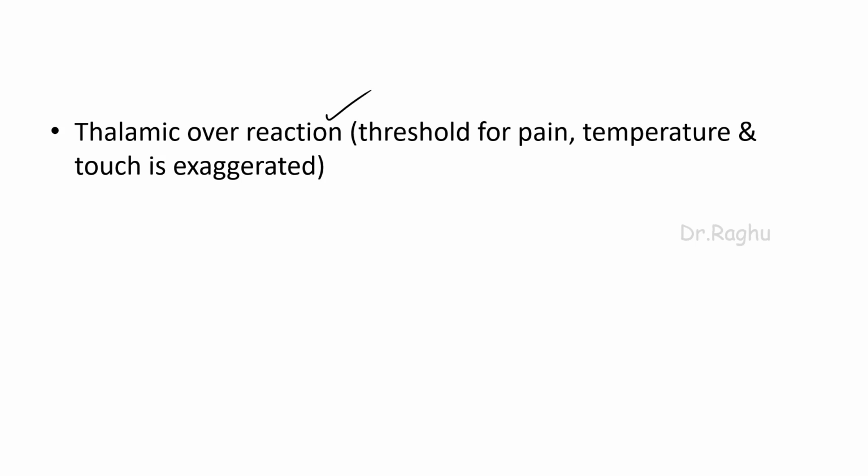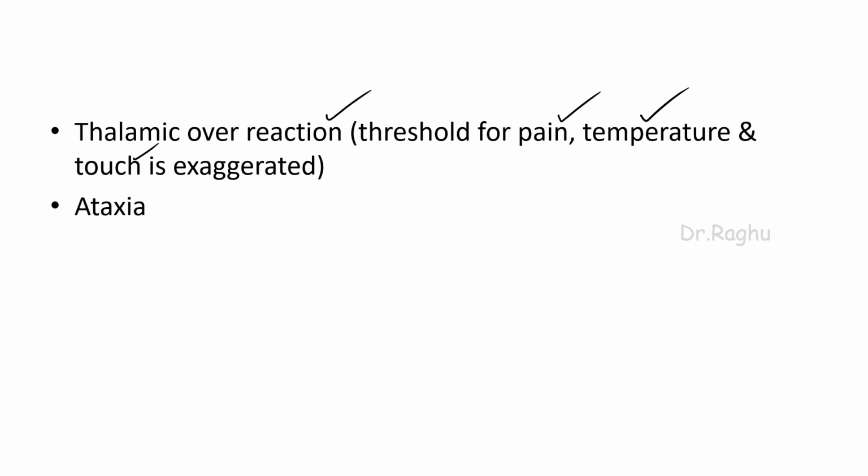Now, on the other side, there could also be thalamic overreaction. That means the threshold for pain is increased, the threshold for temperature is increased, and the threshold for touch is also exaggerated. That means if I just touch, the person says it is painful. If I inflict some kind of pain, he is going to shout out and say, Amma, this is very, very painful. So this is called thalamic overreaction.